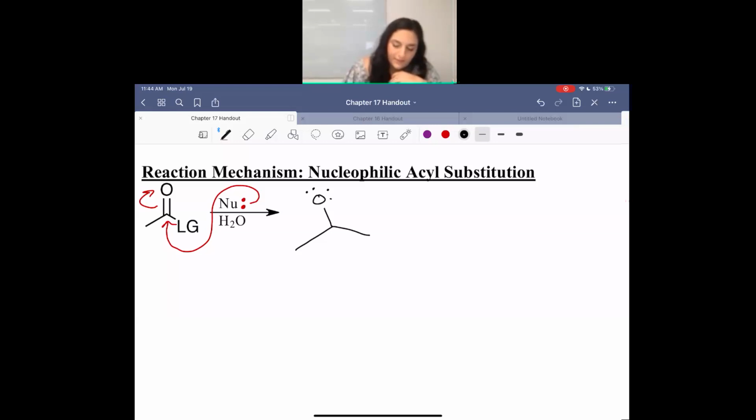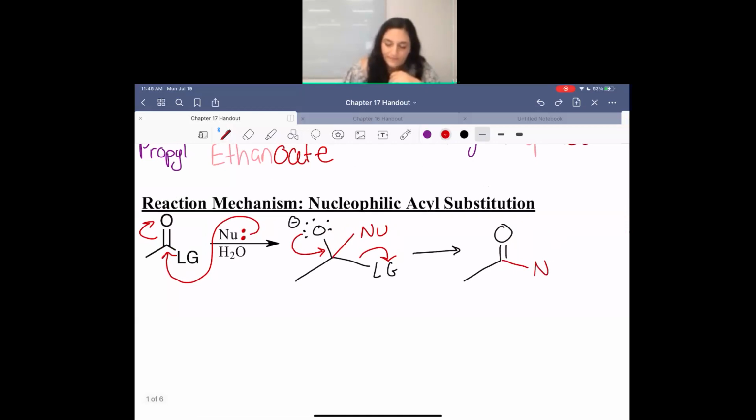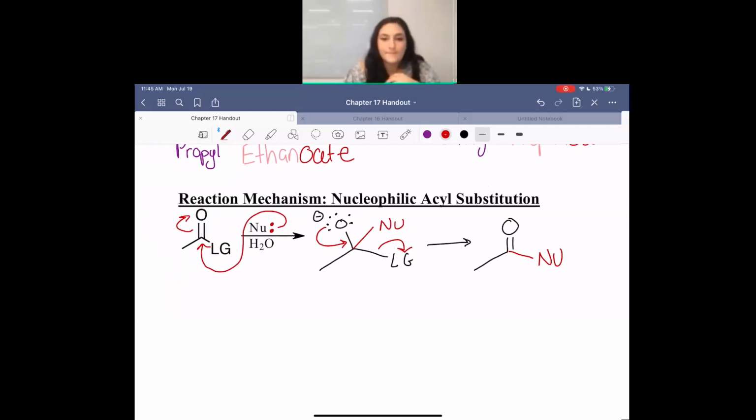We have our nucleophile attached, and we still have our leaving group. So now these electrons come back down, and they kick off the leaving group. So we end up reforming our double bond, and now the nucleophile has taken the place of the leaving group. Ta-da! Any questions about the general mechanism?